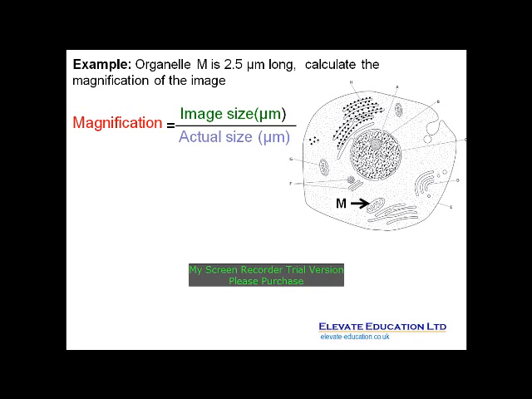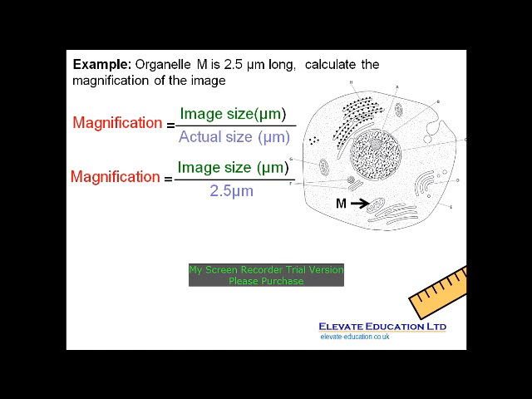We're told by the question that the length of that mitochondria, the actual size of it, is 2.5 micrometers long. But to work out the magnification, we also need to know the image size. So we need to measure the same measurement in the image. We need to get our ruler and measure how long our mitochondria is in the image, in millimeters. In this case, it's 8.5 millimeters long.